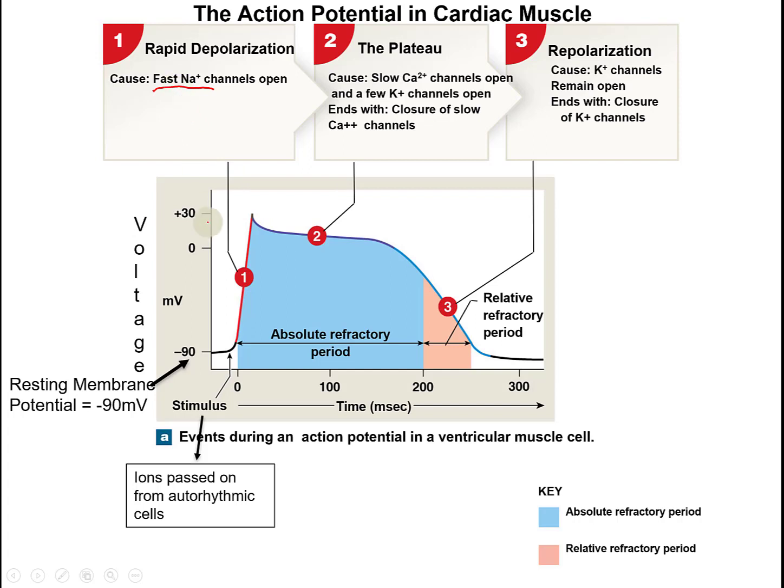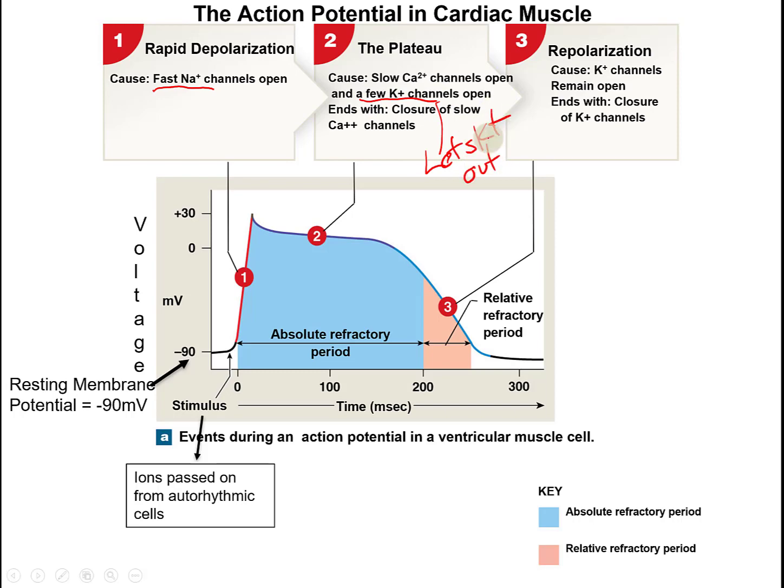So the fast sodium channel opened somewhere around minus 87 millivolts. It closes at plus 30. Another channel opens up at plus 30, and that's going to be potassium. When the potassium channel opens up, it lets potassium out of the cell.